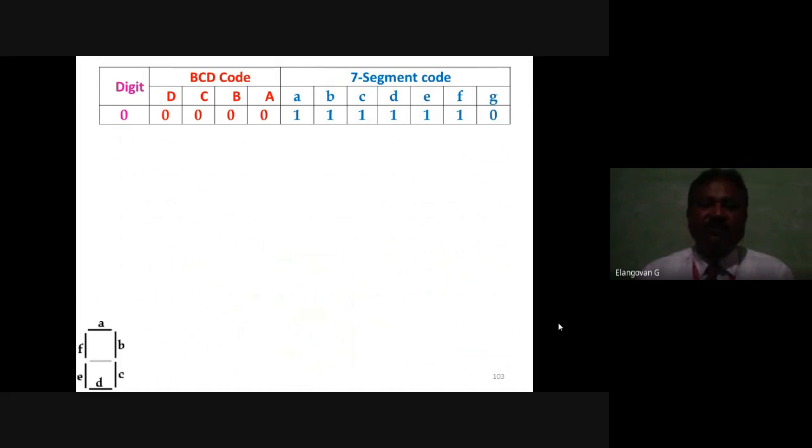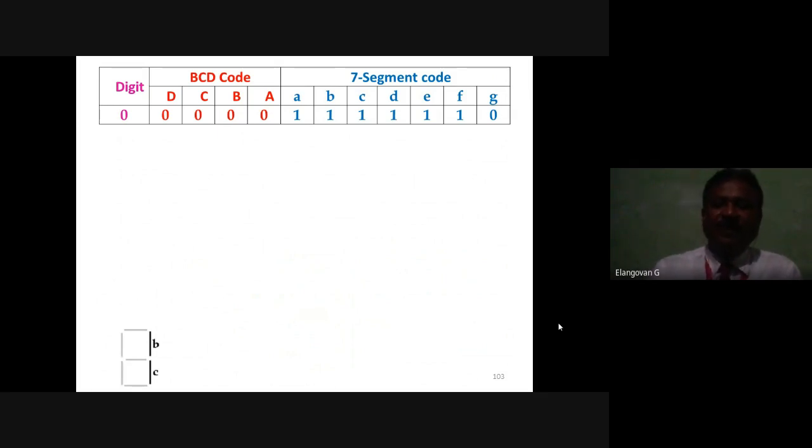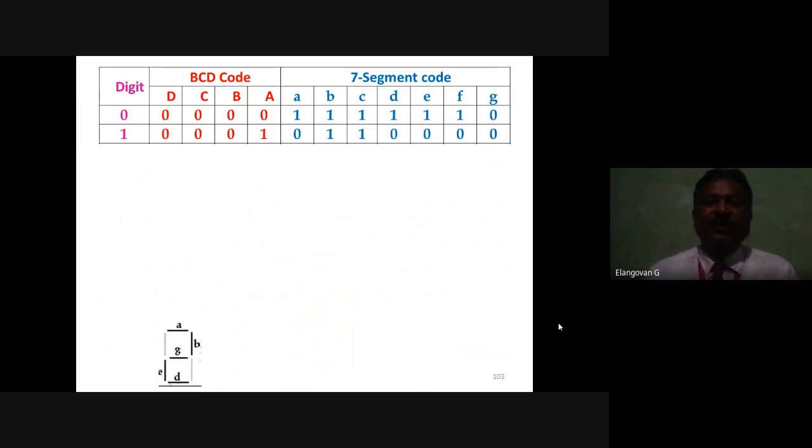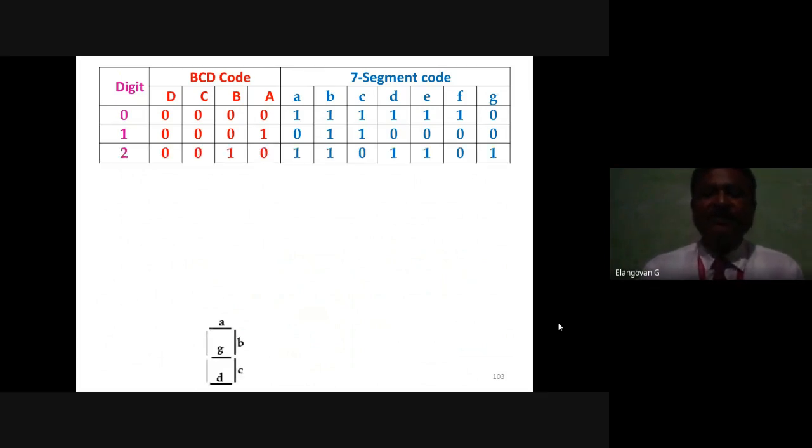So the 0 will be considered like this. To display 1, we need to turn on B and C alone. Similarly for 2, we need to turn on A, B, D, E, G alone. For 3, except E and F, all the other segments are to be turned on.